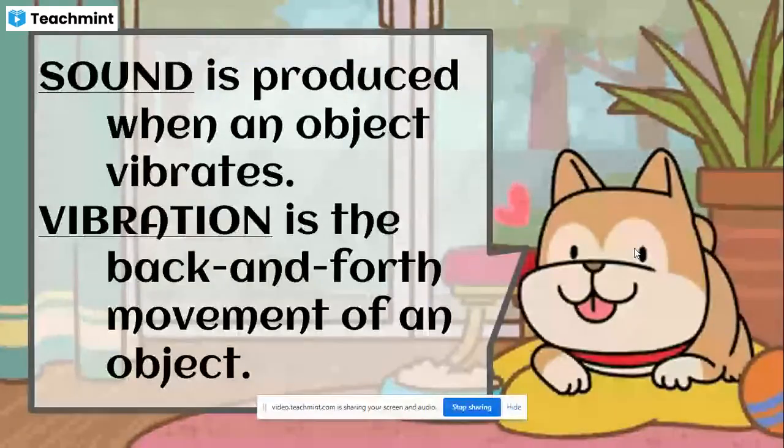So if an object is doing back and forth movement, there is sound, because an object is vibrating. If it's not vibrating, then there's no sound at all. But once an object is doing a back and forth movement, there is a sound.